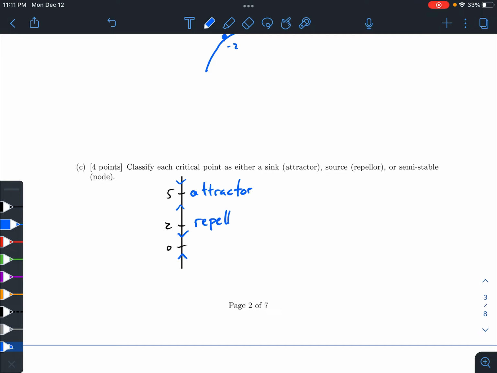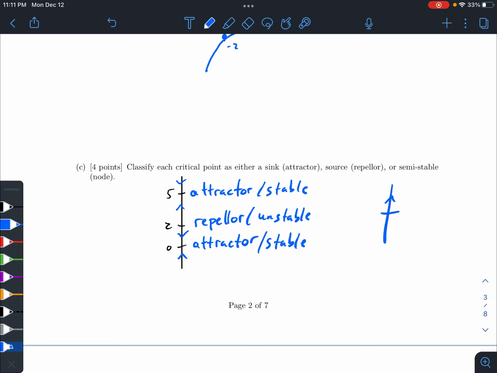This is a repeller. And this is an attractor. Also sometimes call this stable. This guy would be unstable. This guy would be stable.